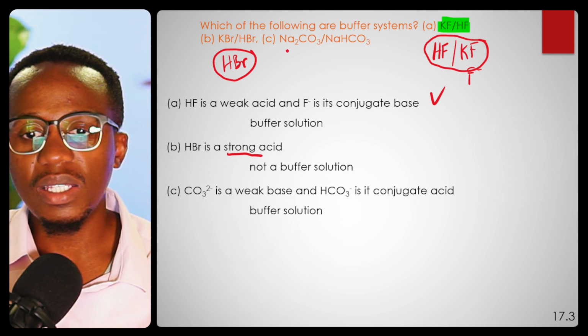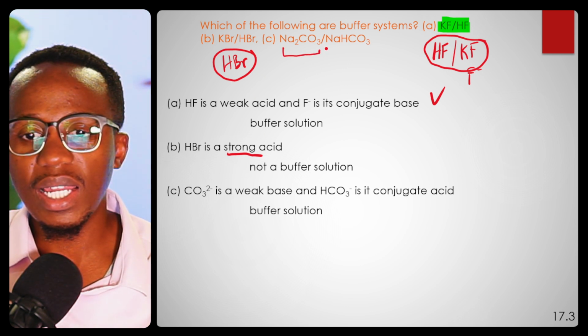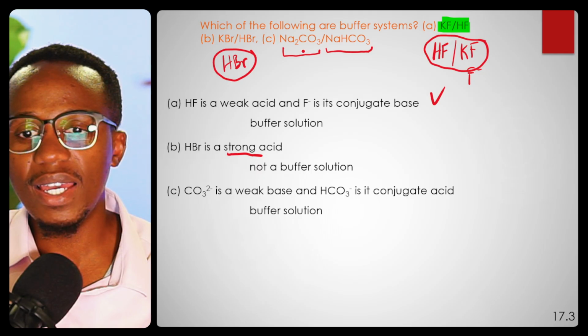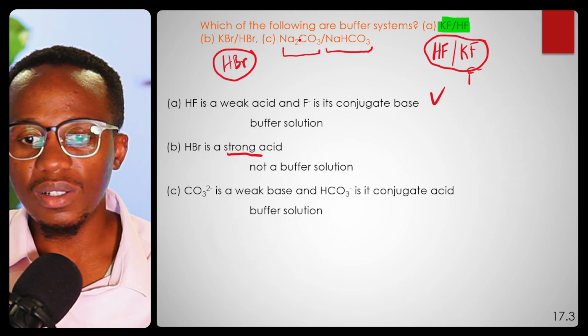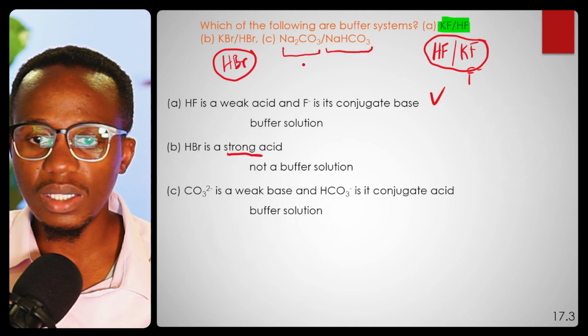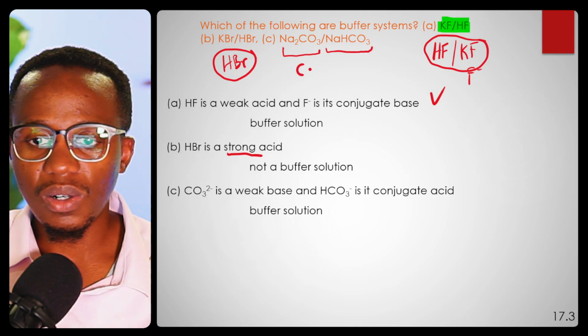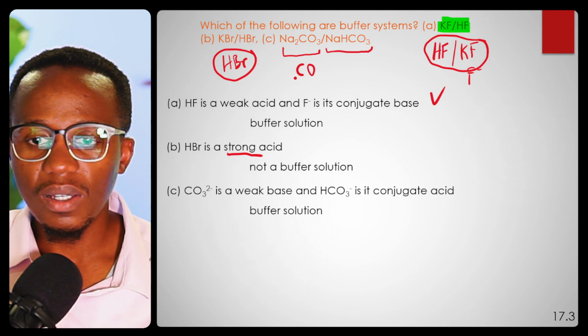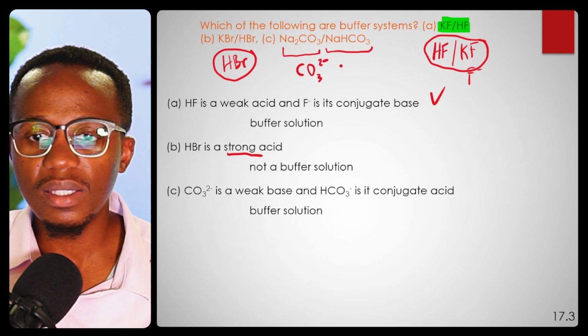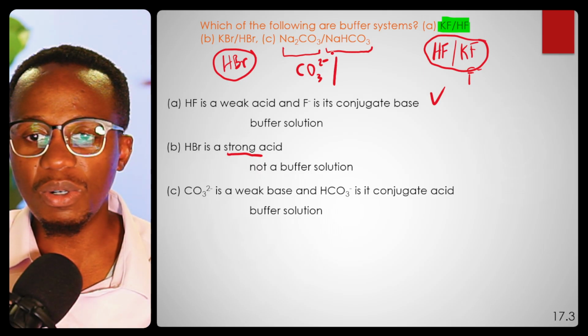All right, how about this one? Sodium carbonate and then Na2CO3, NaHCO3. None of them are. So let's see. CO3 2 minus, so I'm just going to remove sodium, right?